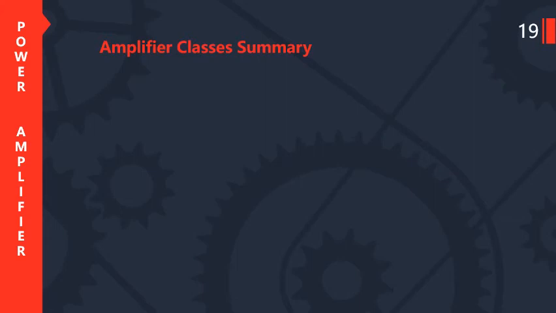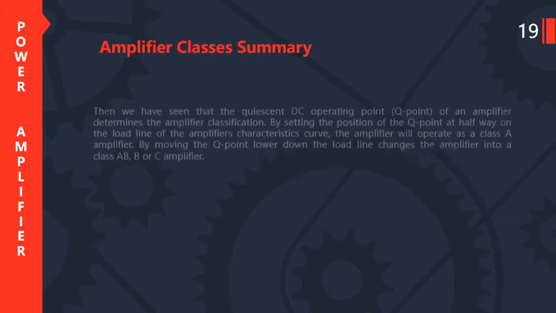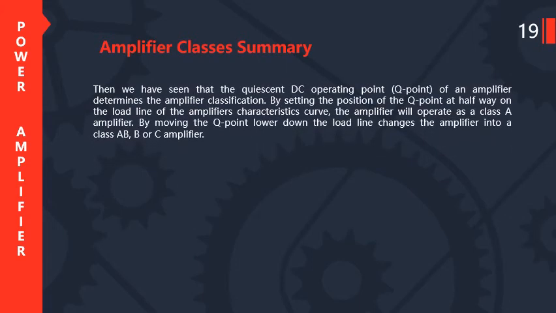Next topic is amplifier classes summary. Then we have seen that the quiescent DC operating point, Q point, of an amplifier determines the amplifier classification by setting the position of the Q point at the halfway on the load line of the amplifier characteristics curve.